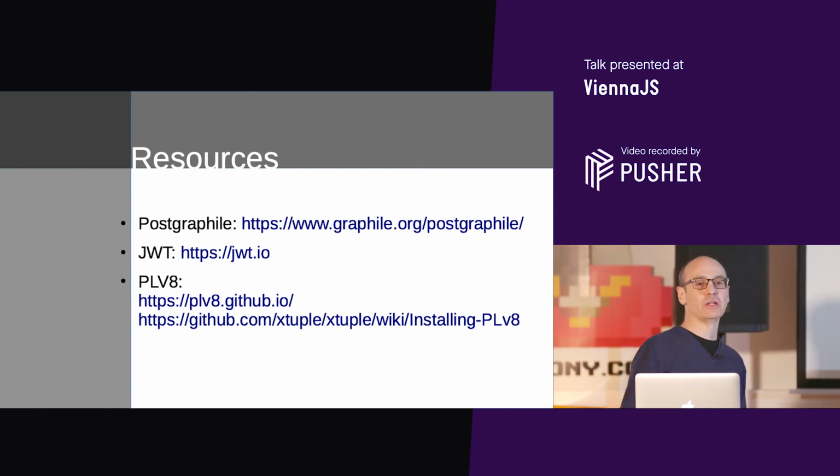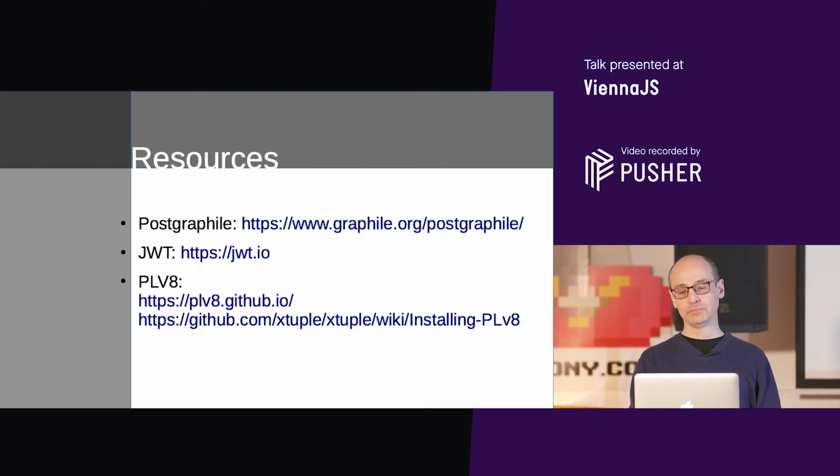This is a list of some resources. The documentation from Postgraphile is actually very good. This presentation is inspired greatly by one of the examples that they have inside. And here are a couple of resources regarding JSON Web Tokens. It's an important topic, something that I think is really very useful.